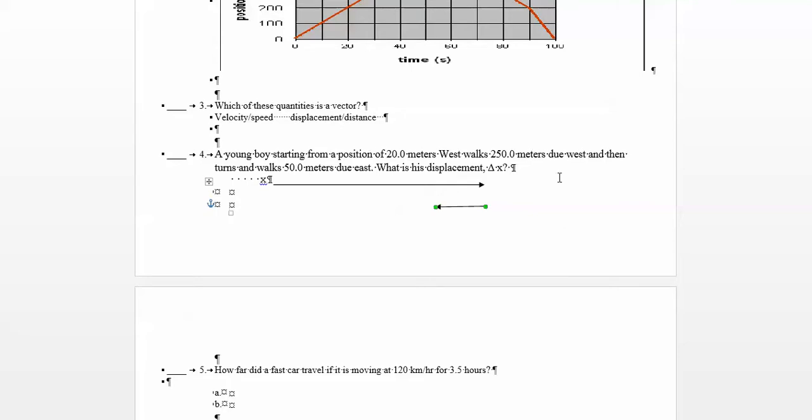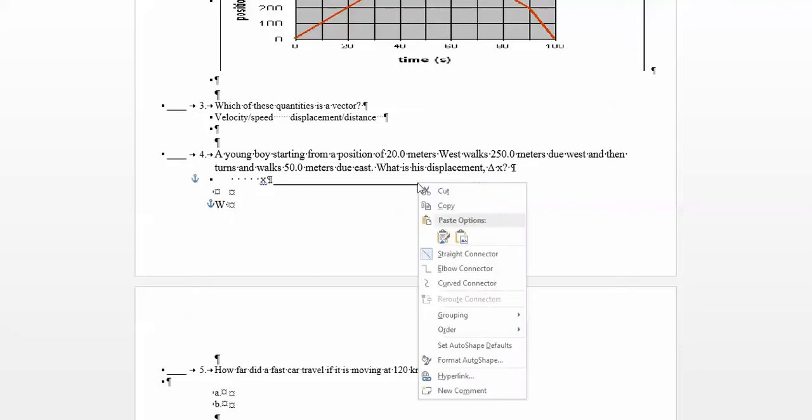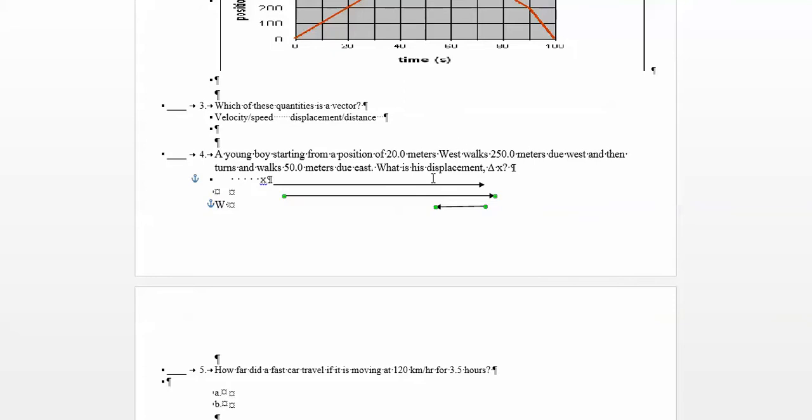The whole point is if I remember that I'm going west when I'm over here, let's just say west, right here. I'll say west. And then I'm going to do a little tricky thing. I'll paste another arrow so that we remember this.